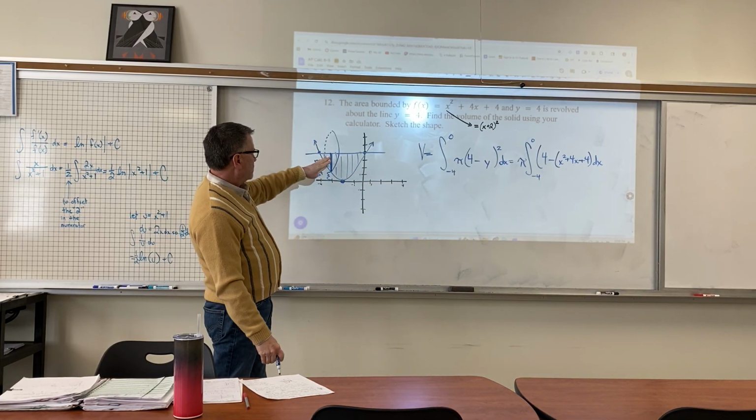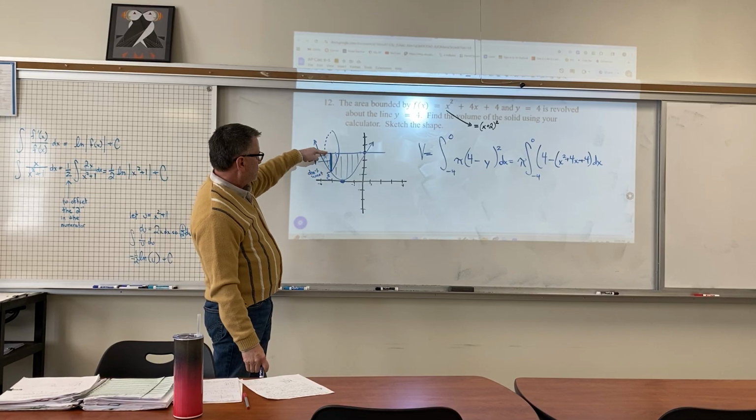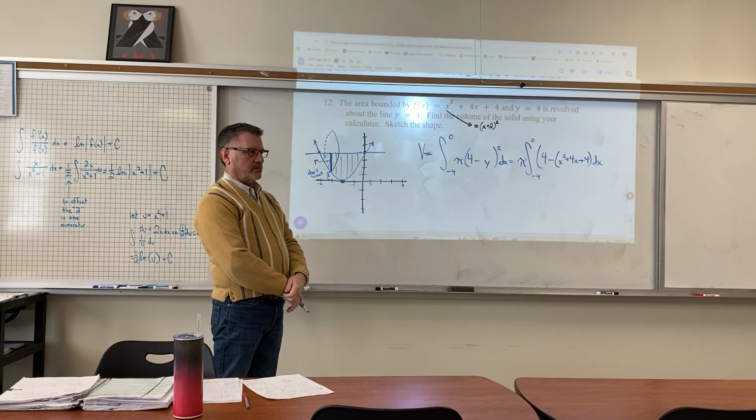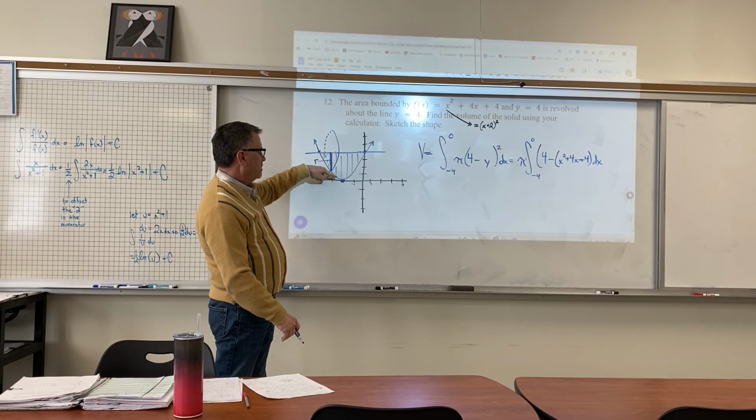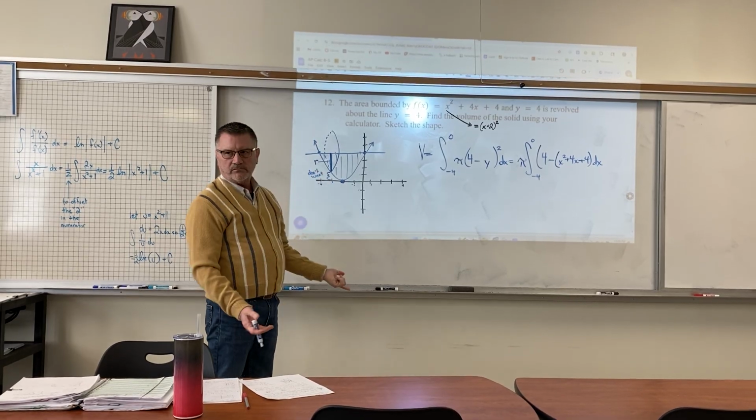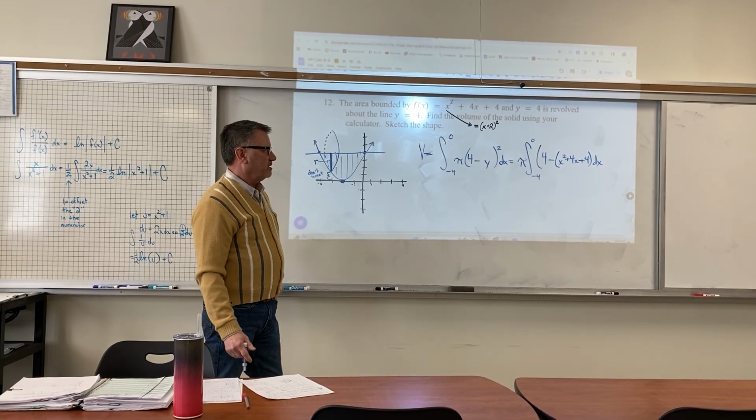The hard part is looking up at my picture and figuring out, okay, this is the radius. So how can I get that radius? At some point, it's gonna be 4. Oh, 4 minus this piece, which is the function.